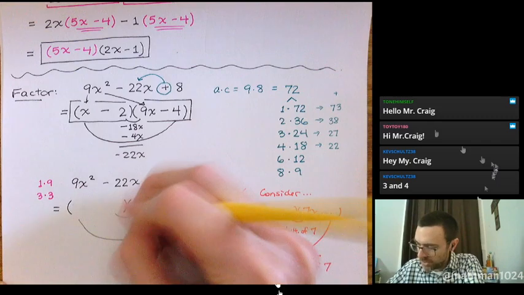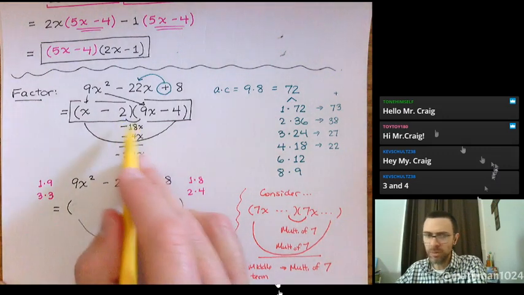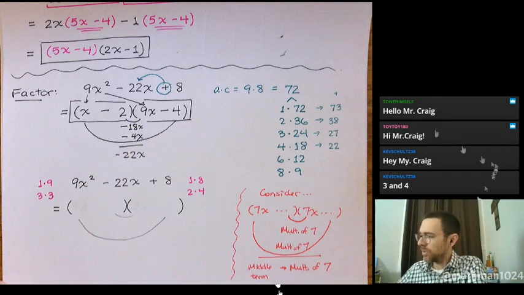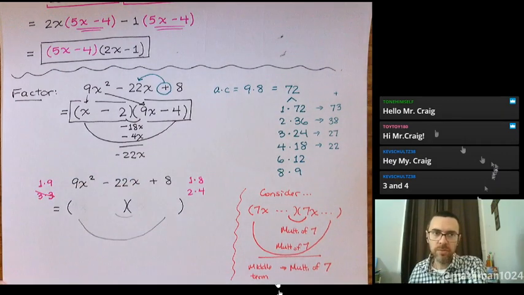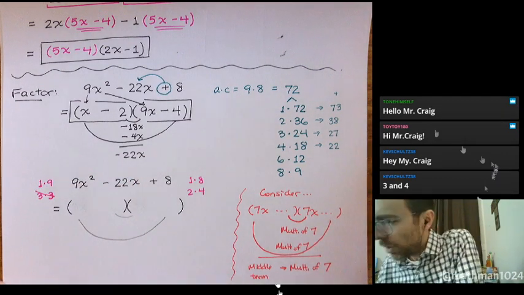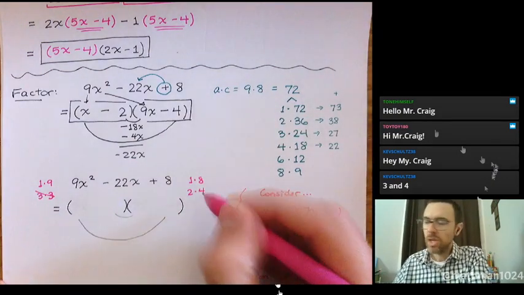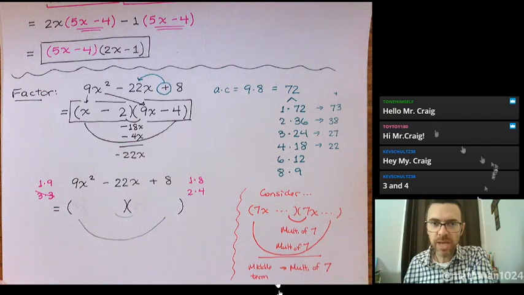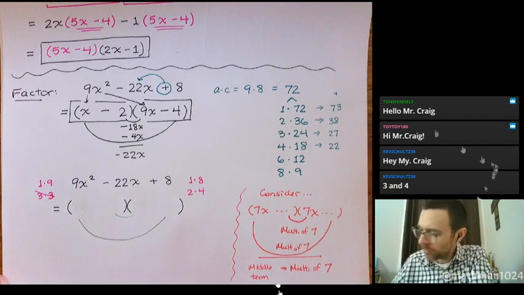And knowing that we can't do that, and not even worrying about what AC is, not even worrying about what the middle two pieces are going to break up to be, like we had up here with the 18 and the 4, I know that 3 and 3 cannot be used. The trick that we're doing here works not only for the lead coefficient, but also for the constant term. So if you see any factor pairs that have a common factor, highlight them, and then see what we can get from it.